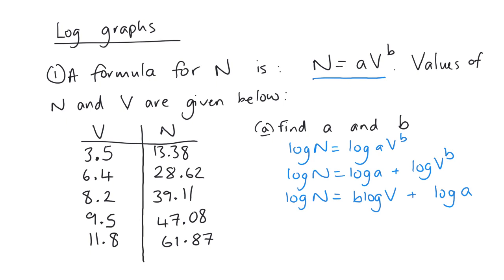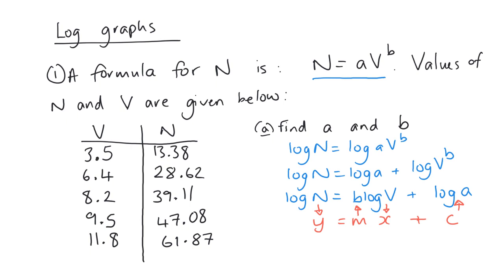So if we think about the equation of a straight line, y equals mx plus c, where m is the gradient and c is the intercept, we're going to use log n to be our y values, log v to be our x values, and then we can find b because it'll be the gradient, and we can find log of a because it's the intercept, and then that'll help us to find a.